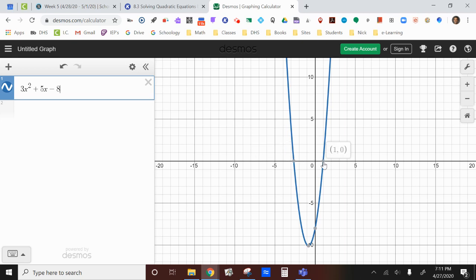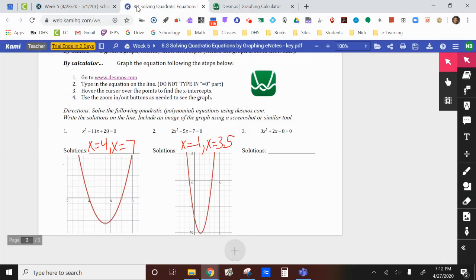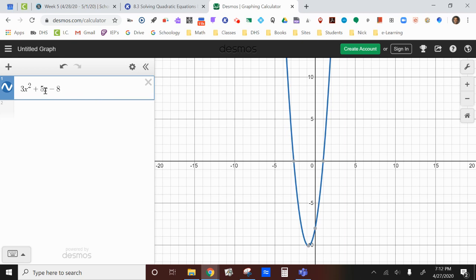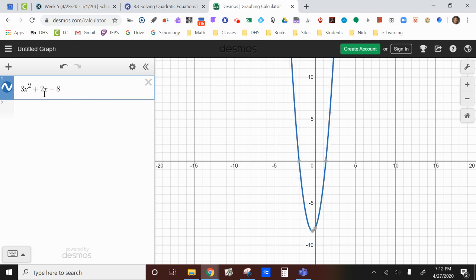We can see our two x-intercepts are 1 and then negative 2.667. When we write that, we don't have to write every single decimal, but we should include some. Nope, I did not write that in right.